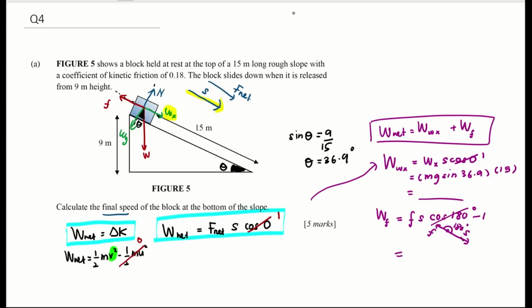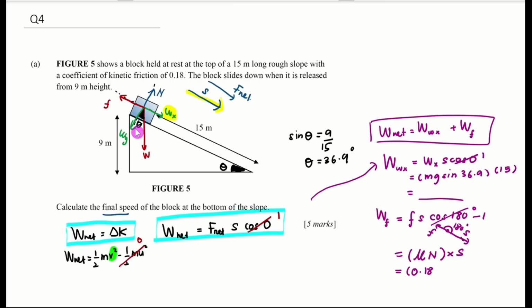So, frictional force, dia tak bagi kan? So, kita kena kira lah, dia bagi mu saja. So, mu n times S. Di mana mu dia dah bagi 0.18. Tapi normal force, jangan risau, normal force is equal to WY.